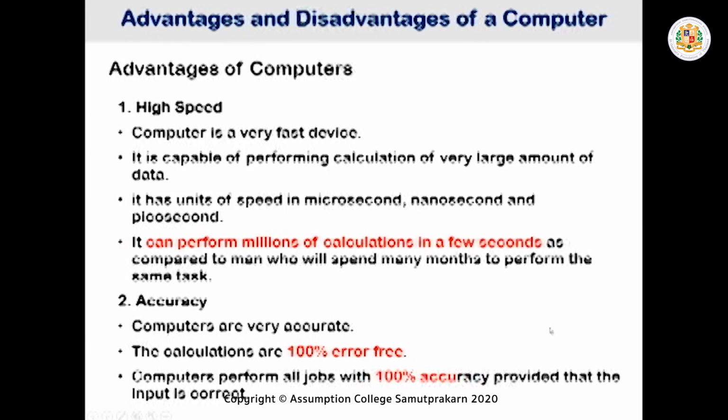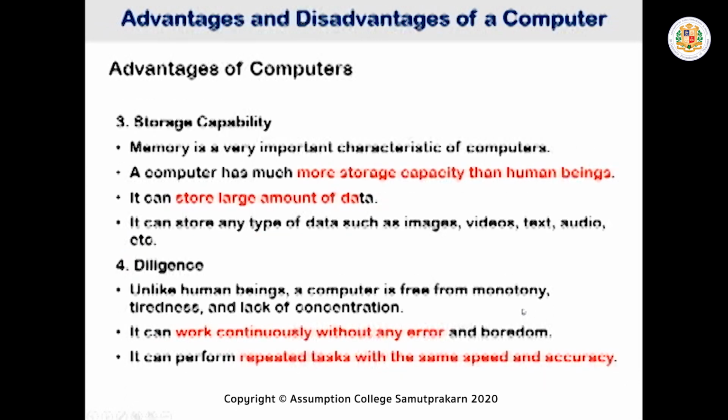Next, we have the advantages and disadvantages of a computer. Number one, high speed. Computers are very fast devices, capable of performing calculations easily on a very large amount of data. Two, accuracy. Computers are very accurate. Calculations are 100% error-free. Three, storage capability. Memory is a very important characteristic of a computer.